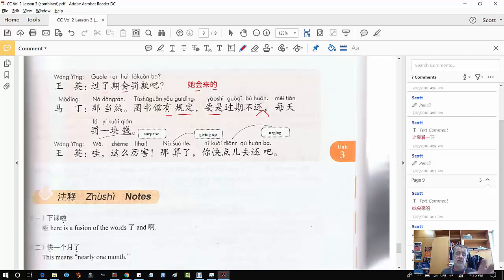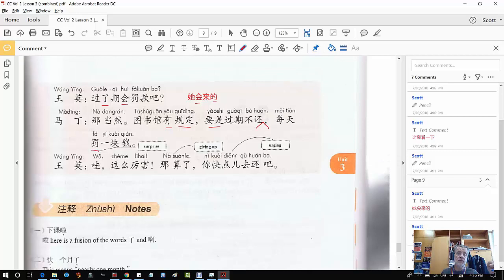So 每天, I'm sure you guys know it means every day. 罚, so here's our verb from the expression 罚款. I forgot to mention that 罚 is the verb, 款 means an amount of money. So it's a noun. This is really important, guys. In Chinese, there's a lot of two-character verbs where one of the characters is a real verb and the second character is a noun. And with those kinds of verbs, often, for various reasons, they are split.